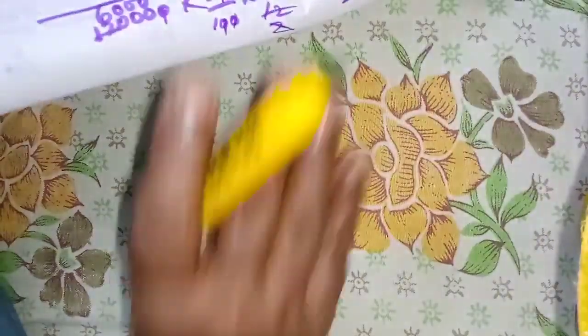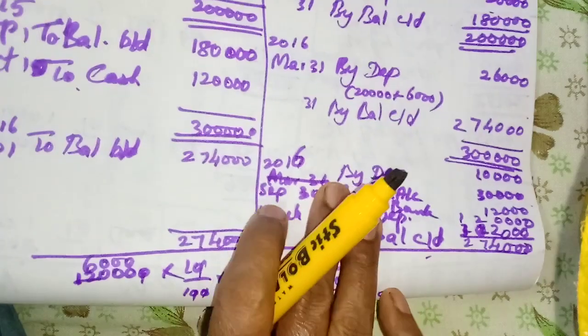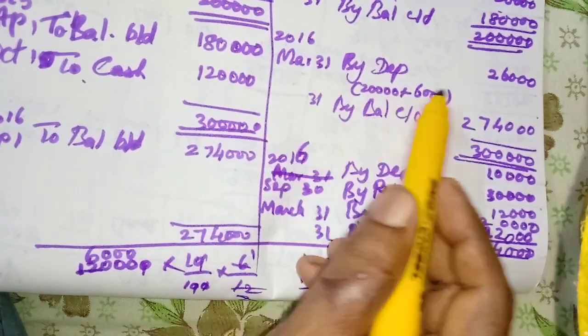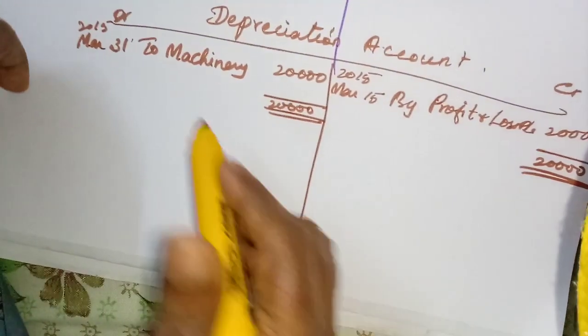Then next year, 2016 March 31, depreciation 26,000. Okay, next year 26,000.